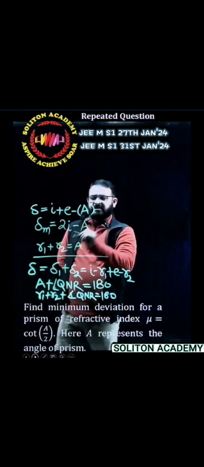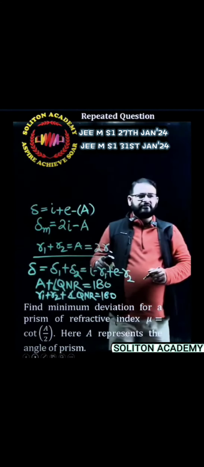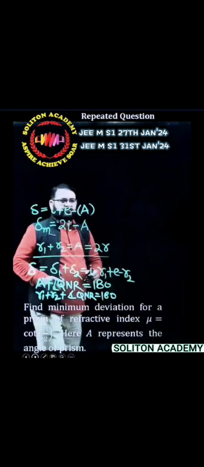Now from the next condition, r1 and r2 are equal to the same value, that is r. So we get the angle of refraction r related to the angle of the prism, r equals A by 2.